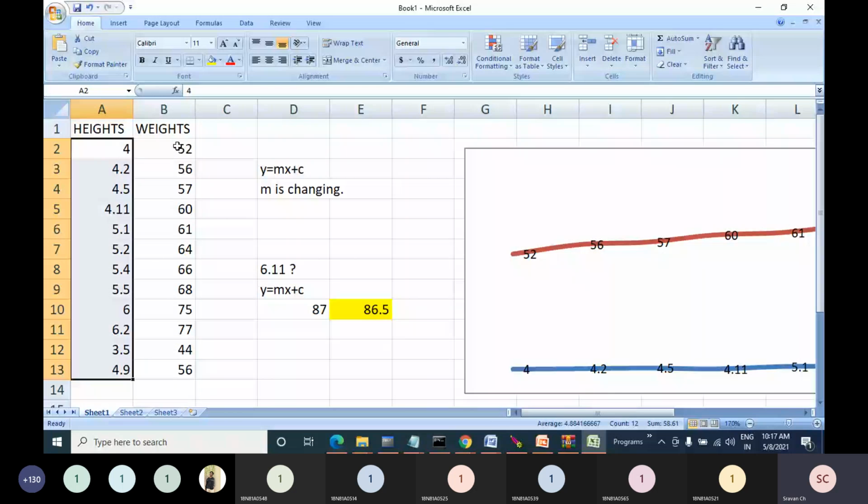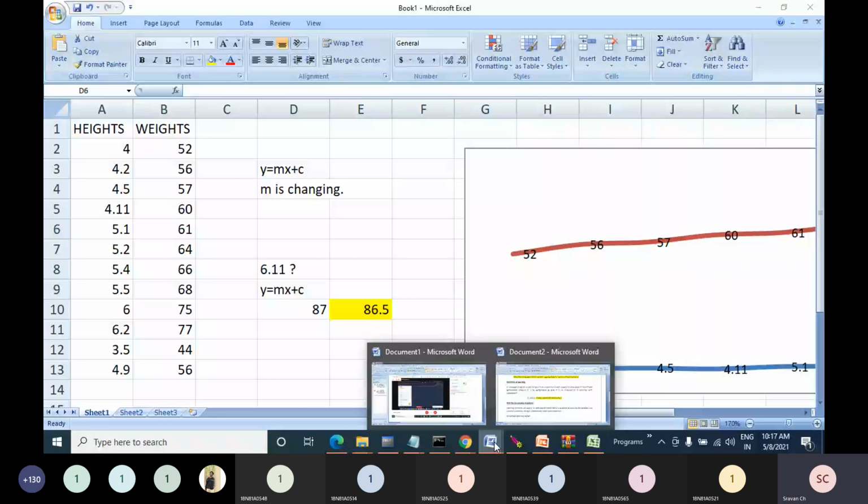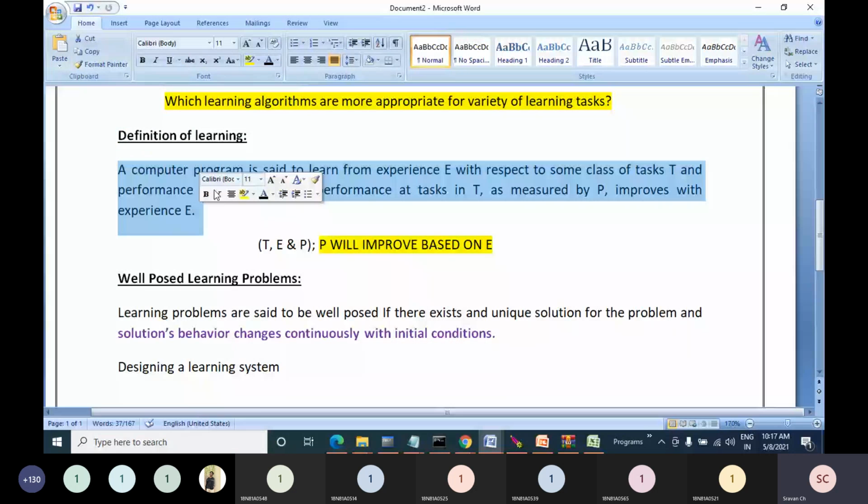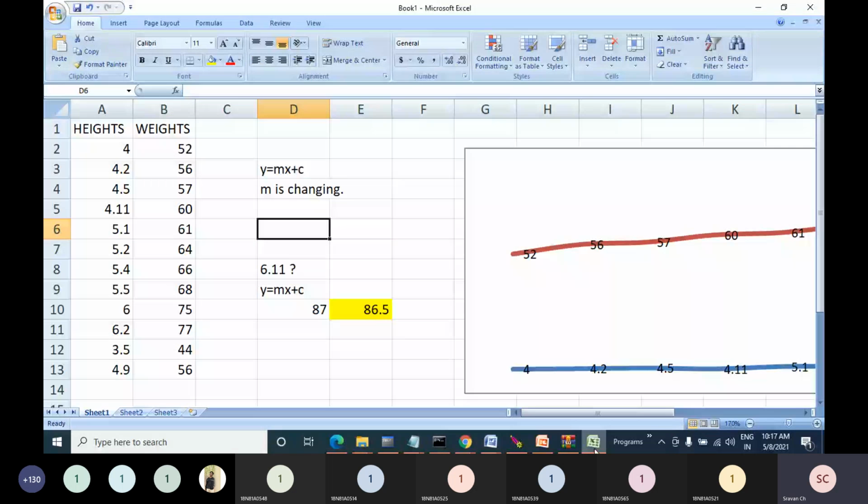So coming back to the definition now: a computer program is said to learn from experience. So what do you mean by experience? Now you understood the meaning of experience, right? This kind of data and possible outputs, both we will give to a function, some mathematical function.